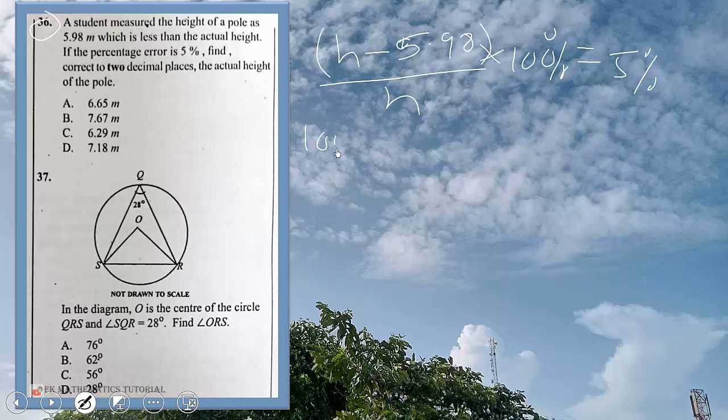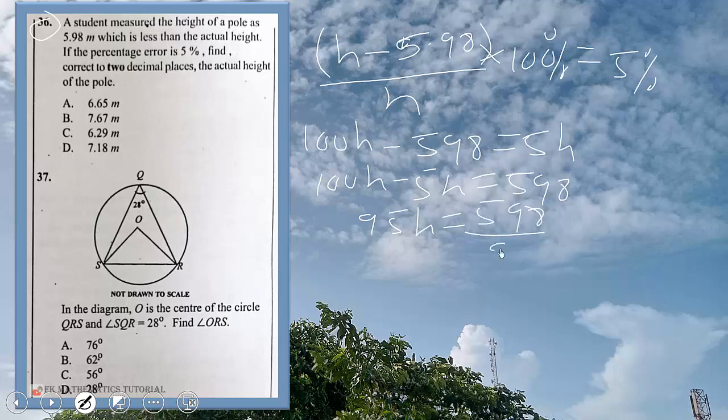So 100h minus 598. When we expand, we'll get 5h. So 100h minus 5h will be equal to 598. So dividing both sides by 95, we have 95h is equal to 598, divided by 95.